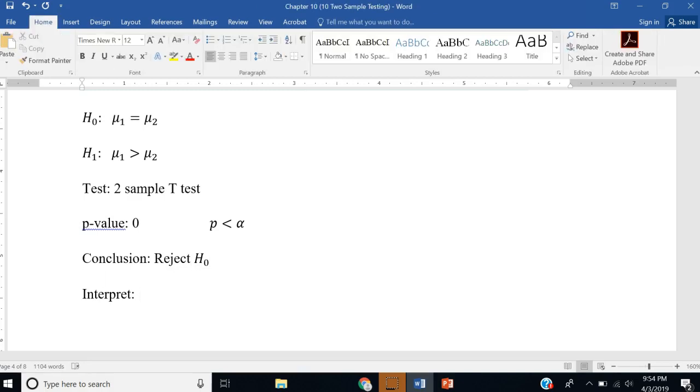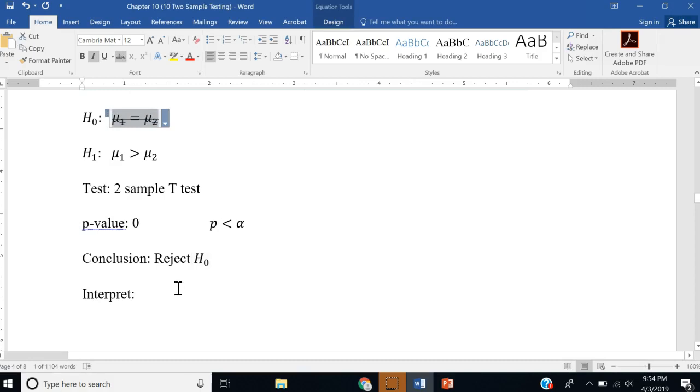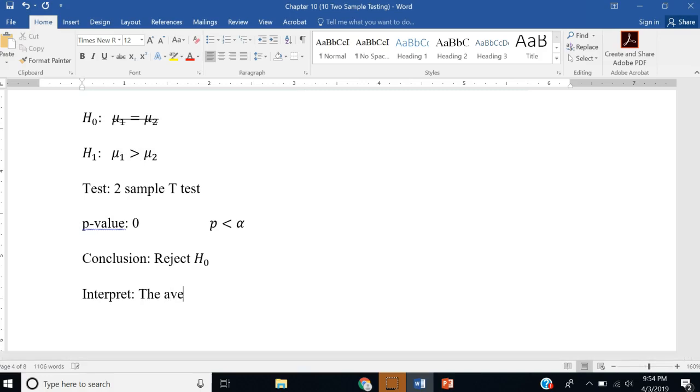Now, if we reject the null hypothesis, we say, yep, this is not going to be true. So think of it as crossing that out. Again, we don't have to write that on the test, but think of it that way. So what we're going to have to conclude is that the average arm length for males is in fact greater than the average arm length for females.